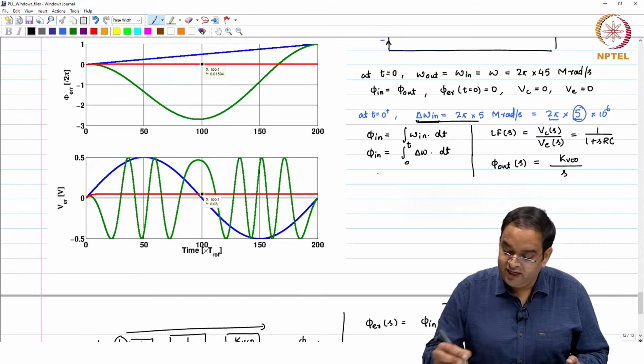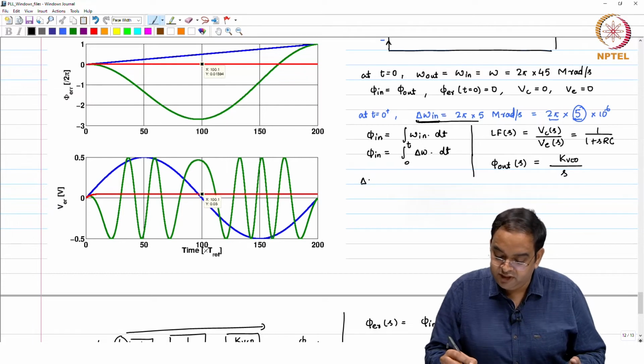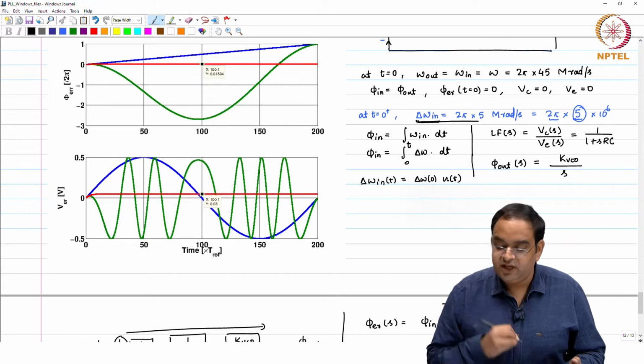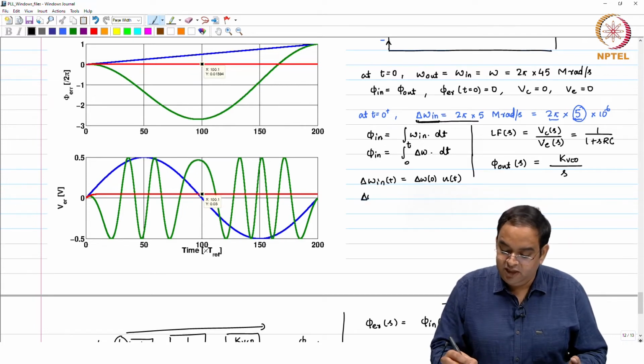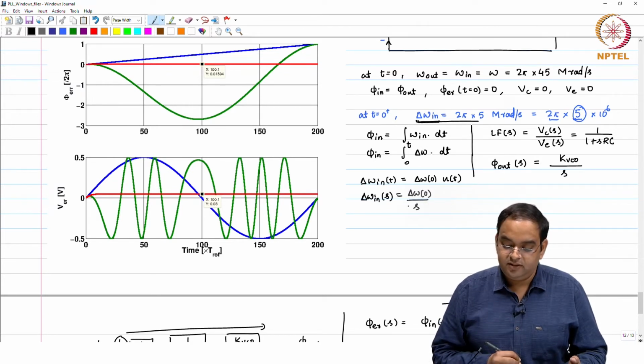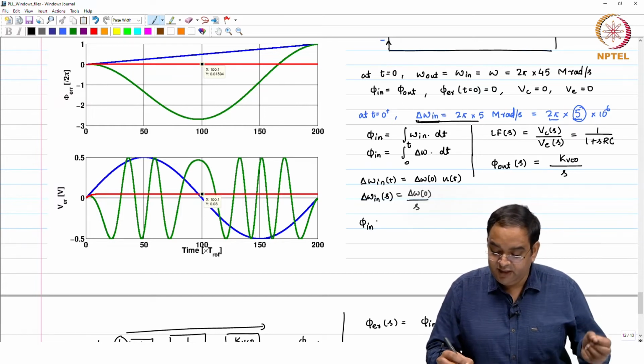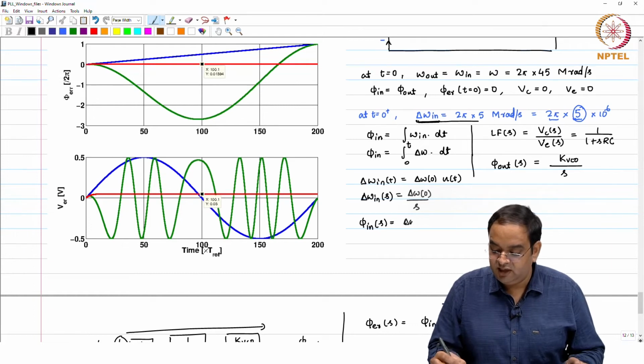I will write it in terms of the frequency transform. So, delta omega in of t is like delta omega 0 times u of t. So, delta omega in of s is delta omega 0 by s, that is the frequency change which you applied. The phase change which I am adding to my system is delta omega 0 by s square.